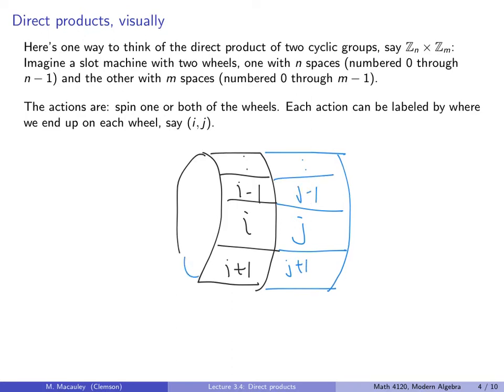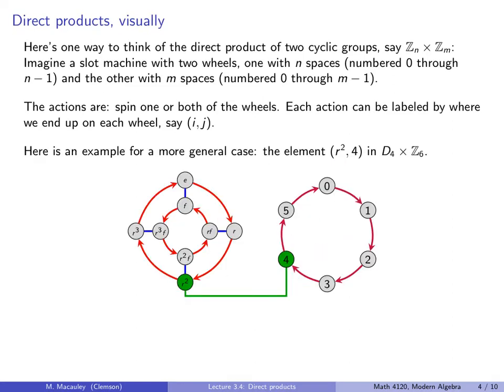So you can think of elements of the cyclic group Zn cross Zm as all actions of spinning both of these wheels, which of course is in bijection with the configurations. So this configuration of being at slot i on the left and slot j corresponds to an action. In the more general case, we lose the slot machine analogy.